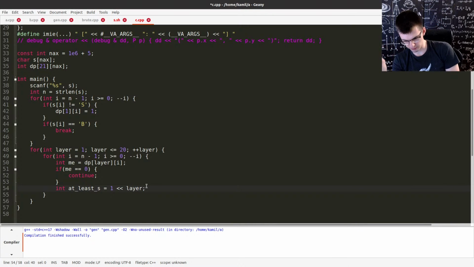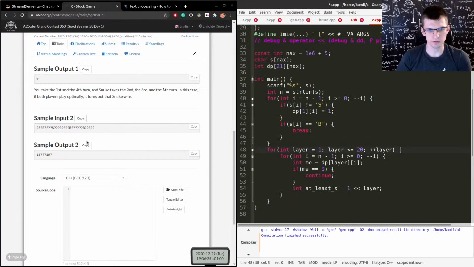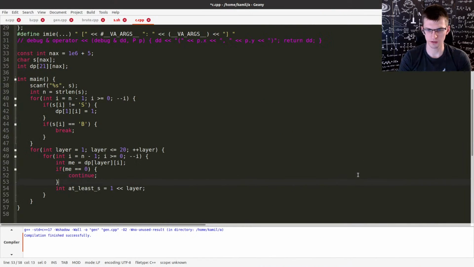Like if there was one b, then I need at least two. Otherwise, something would become 0. I count the number of ways so that Snook would win. He will, because the gap will not shrink down to 0. I need to count ways such that I will win.